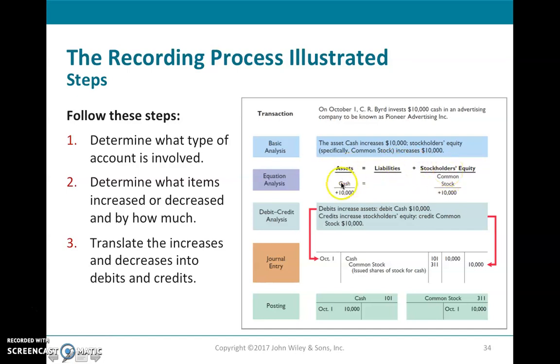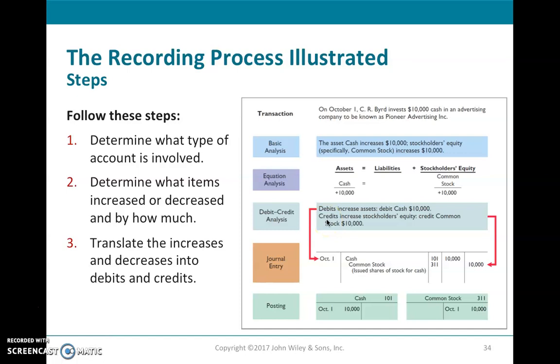Now, in Chapter 2, we have to be very specific about which asset and which part of stockholders' equity: cash and common stock. And then we need to use our convention. As far as increasing assets, we need to debit assets. As far as increasing common stock, we credit common stock.